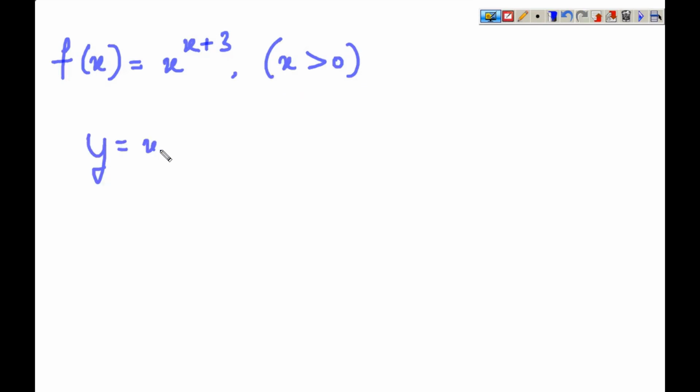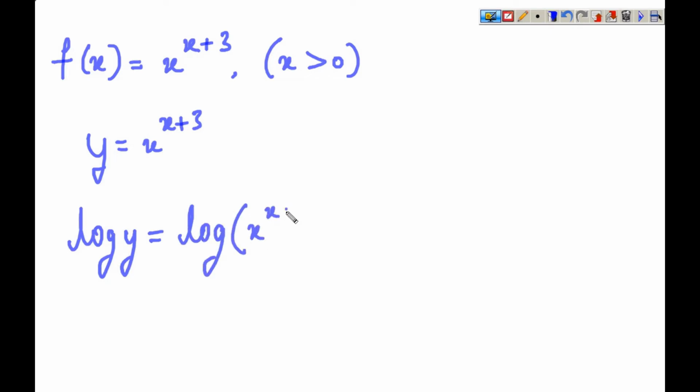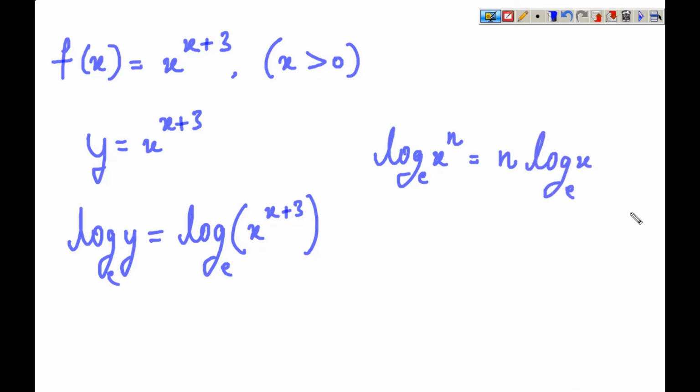y = x^(x+3). So if we apply log, we'll get log y = log of x^(x+3), all to the base e. We know from logarithmic functions that if we have log x^n, with n being any positive real number, we can rewrite it as n times log x to the base e.